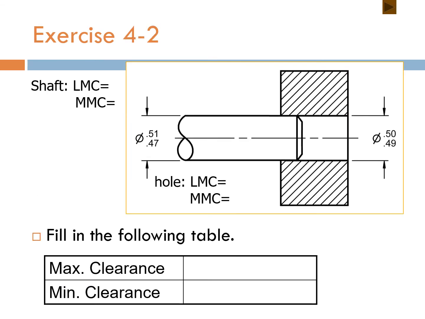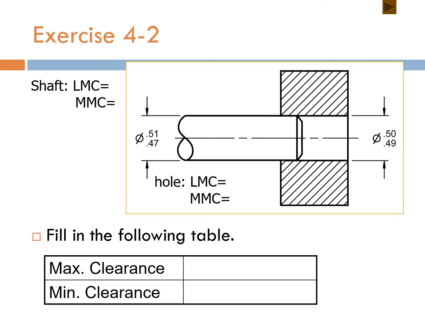Let's look at this example to do the calculation. We want to find out the maximum clearance and the minimum clearance. Remember, the minimum clearance is also known as the allowance. So what is the maximum clearance? It is calculated from the LMC of the shaft and the LMC of the hole, and also the MMC for each one of them.